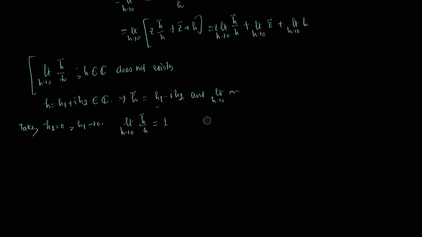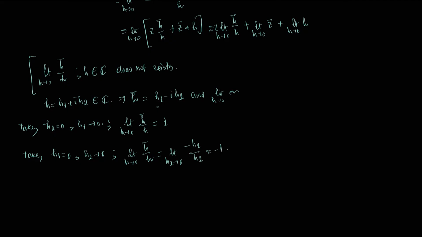Okay. Let's look at a different path. So we take h1 equals 0, and h2 is going towards 0. Then what happens is limit h tends to 0, h bar by h, that is nothing but limit h2 tends to 0, minus h2 by h2, which is minus 1.